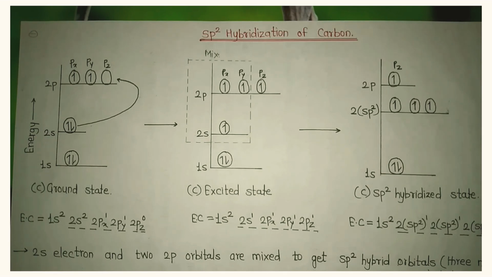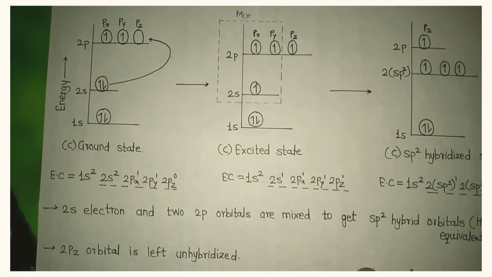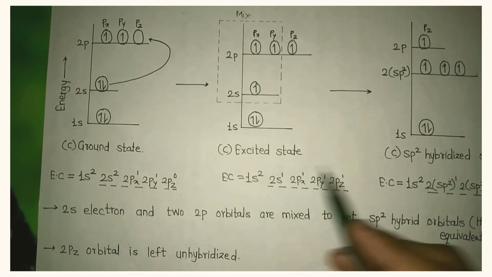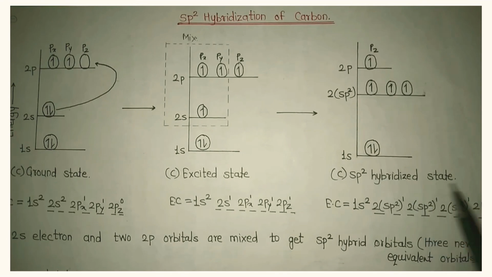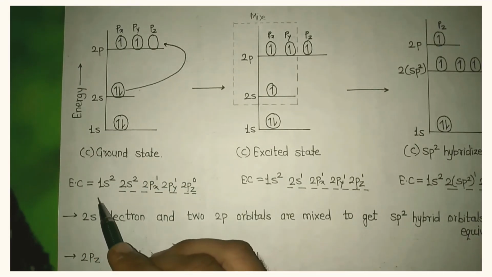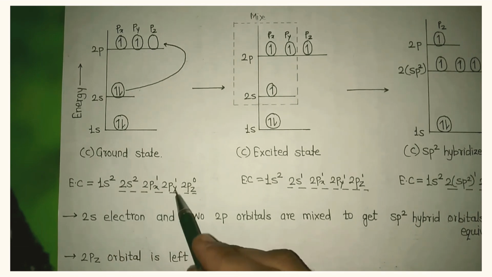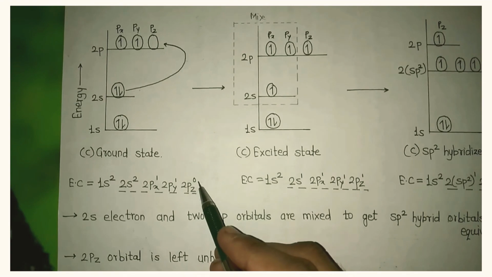So let's move towards our topic, that is sp2 hybridization of carbon atom. Here are the energy profile diagrams of ground state, excited state and hybridized state. In the ground state, the electronic configuration of carbon is 1s2, 2s2, 2px1, 2py1 and 2pz0.